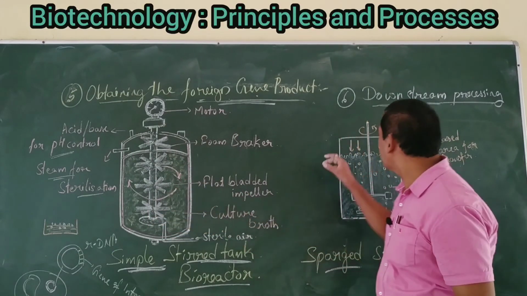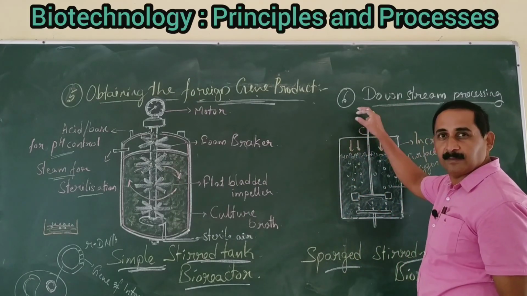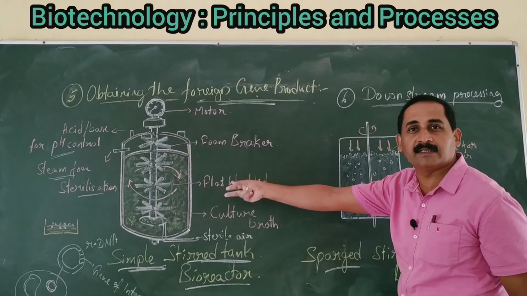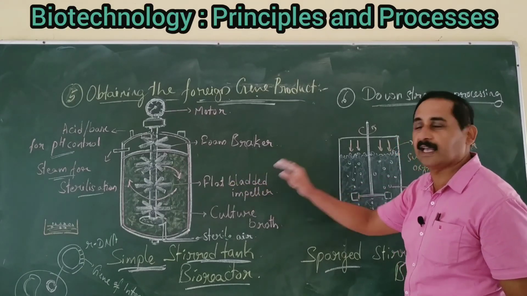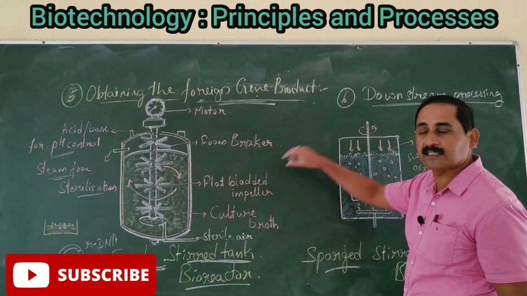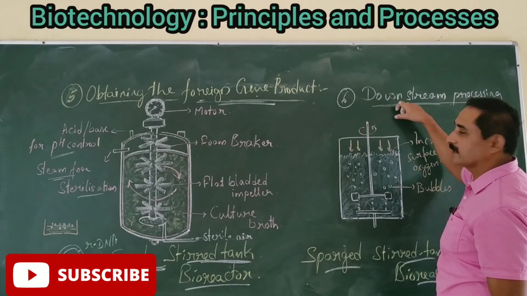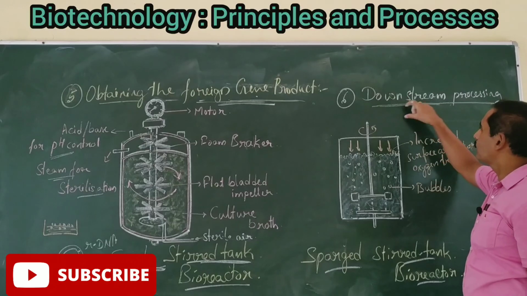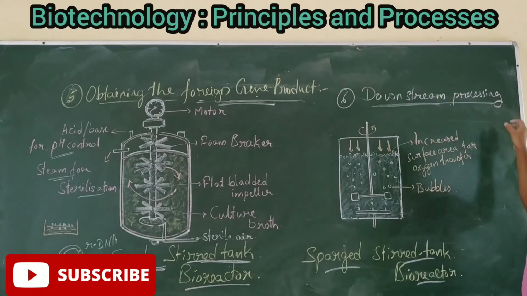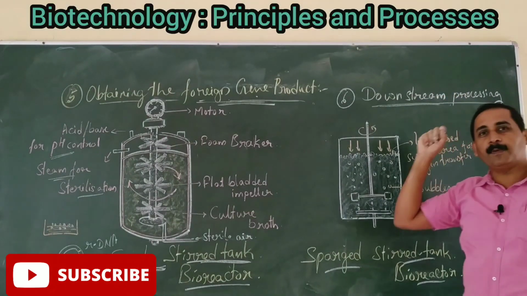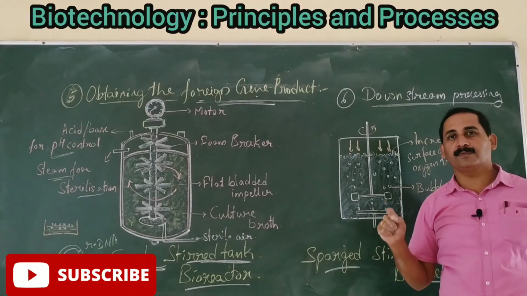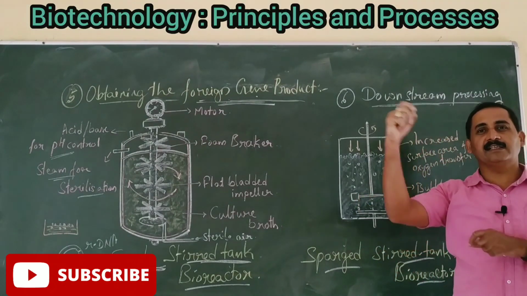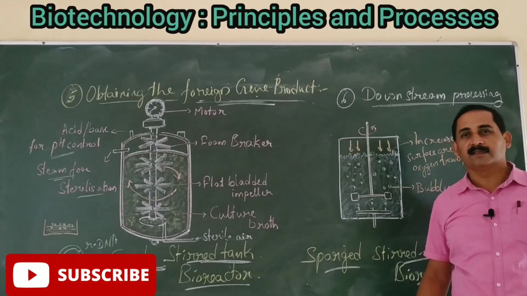So you have to purify this gene product by removing all such debris, nutrients, and also the transformed cells. Any impurities must be removed. The biochemical so produced must be purified by using this downstream process. Then a proper check of the product so produced is done, and it is released to the market.